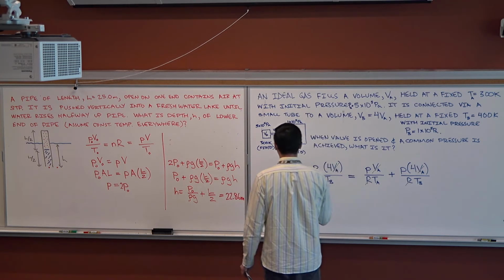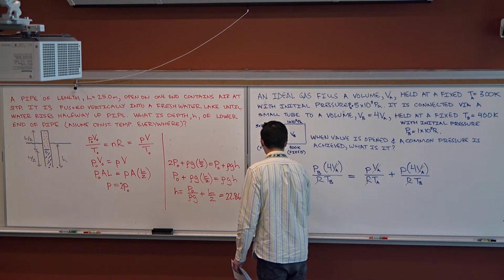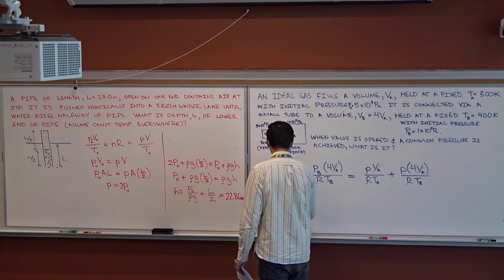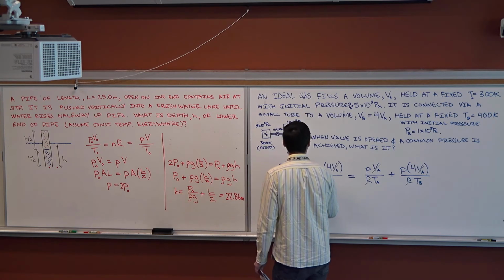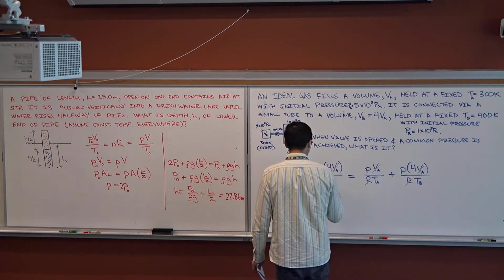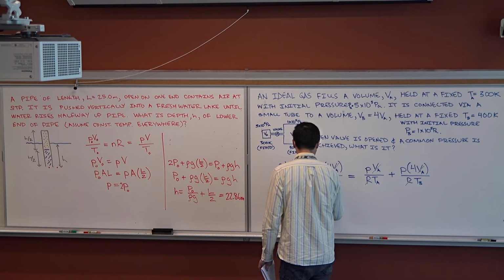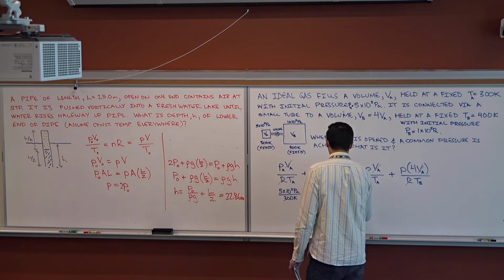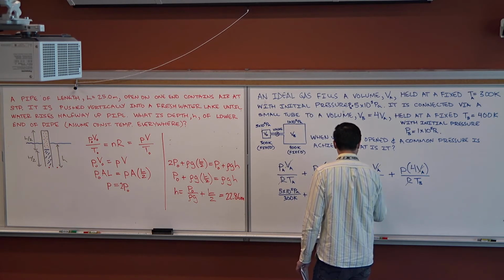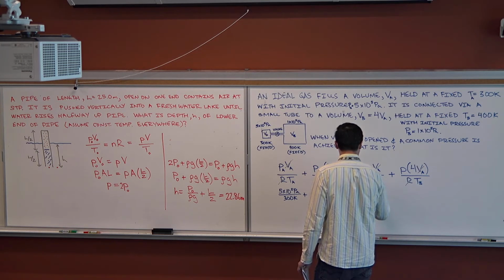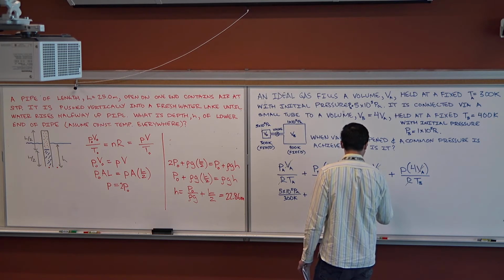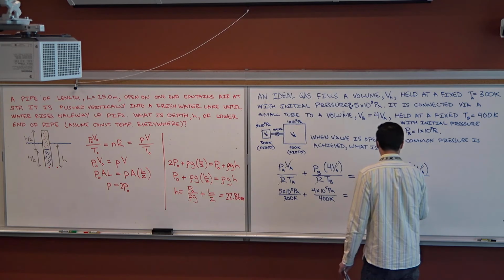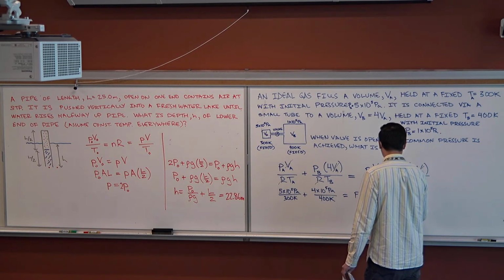PA was 5 times 10 to the 5 over 300 Kelvin plus 1 times 10 to the 5 over 400 Kelvin needs to equal P times 1 over 300 Kelvin plus, oops, did I drop a 4 here? 4 over 400 Kelvin. Probably divide through by 10 to the 5, but oh well.